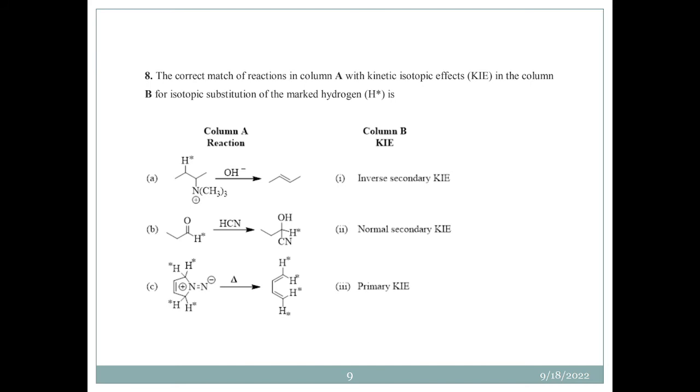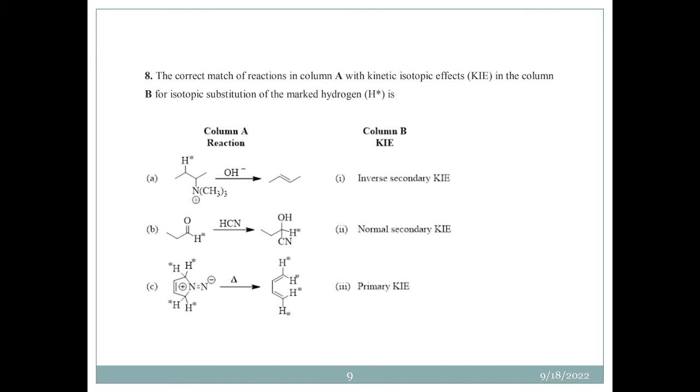Third reaction, no carbon hydrogen bond is breaking. So obviously B and C cannot show primary kinetic isotope effect. Only A can show primary kinetic isotope effect. A is a typical elimination reaction E2 where the carbon hydrogen bond will break, a double bond forms, and the leaving group, NMe3, will leave. So of course A will show primary kinetic isotope effect.